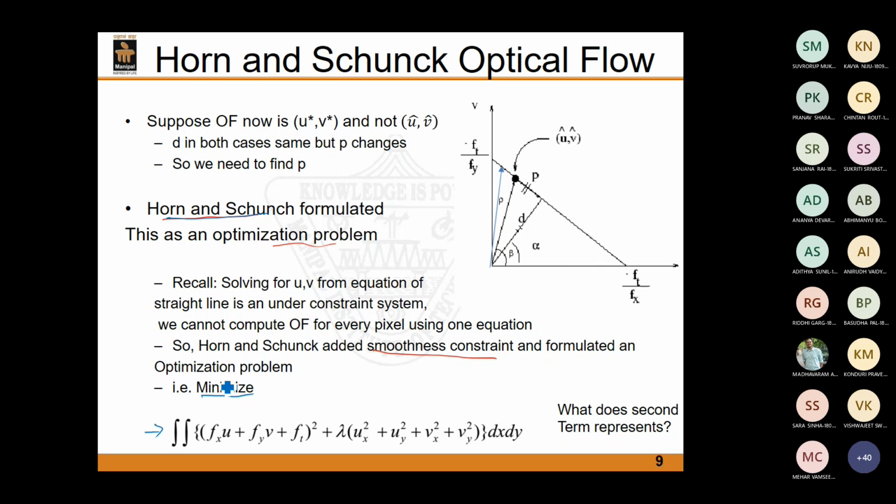In the expression, what we are trying to see is for which values of u and v, being the optical flow vectors, will we get the minimum for this function.